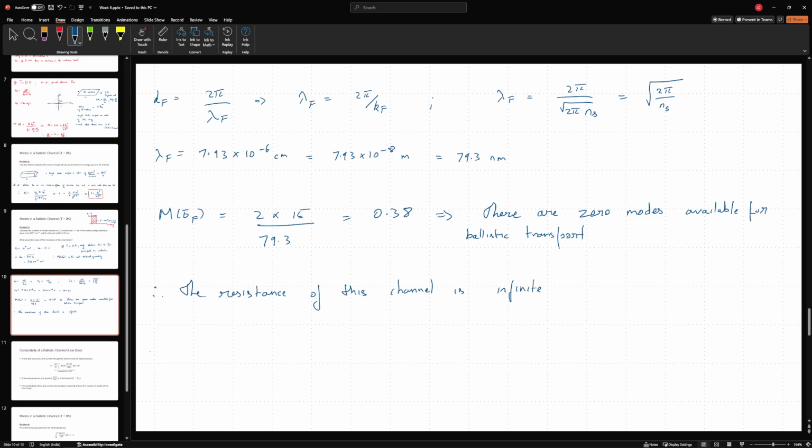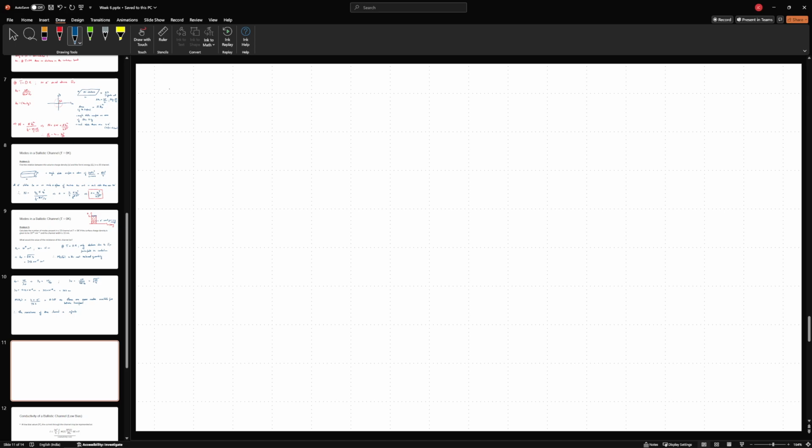Now let us take an alternate scenario. Let us keep all the values the same, and let me say instead that W is equal to 15 nanometers and Ns is 10 to the power 16 per square centimeter.